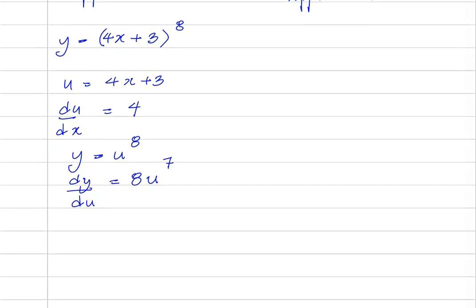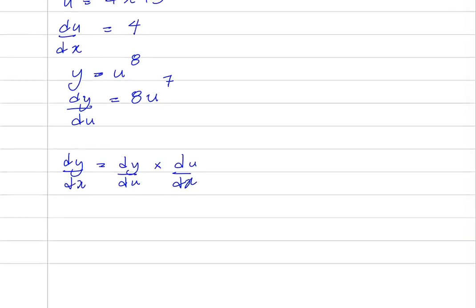Now, according to the chain rule, dy by dx would be equal to dy by du multiplied by du by dx.